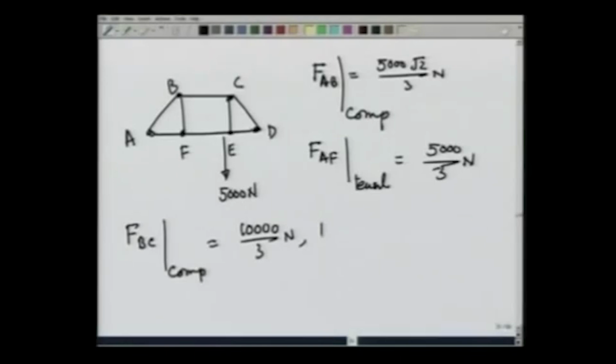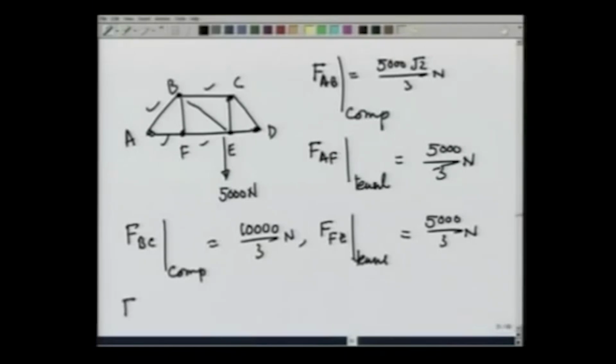Then FFE, which came out to be tensile again, and its value was 5,000 over 3 newtons. AB, AF, BC, FE are done, that is 4 members.